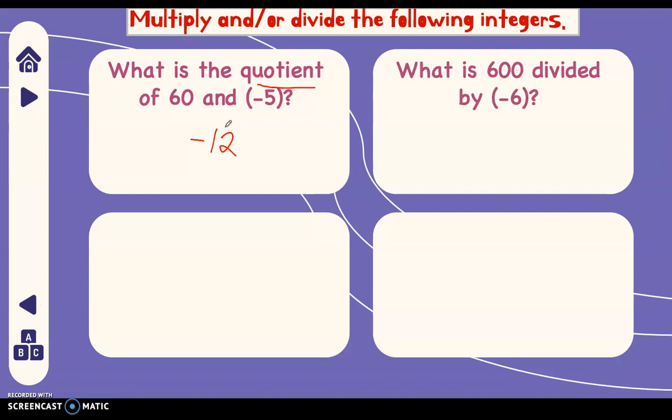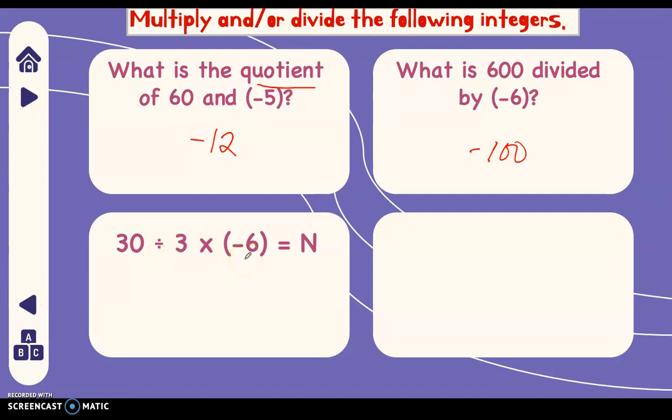Now, what is 600 divided by negative 6? The answer is 600 divided by 6 is 100, and the sign, since only one negative integer, the answer is negative 100. Now we have here a combination of multiplication and division. We have 30 divided by 3 times negative 6.